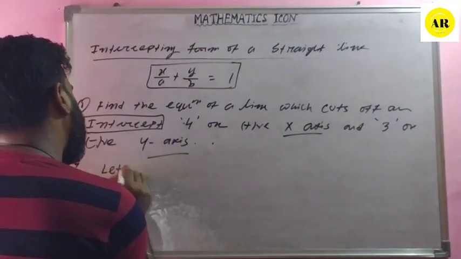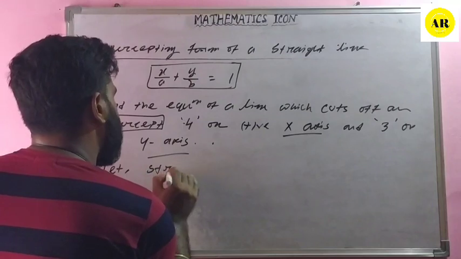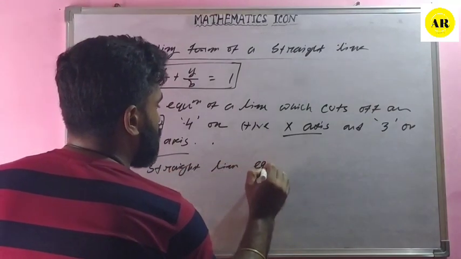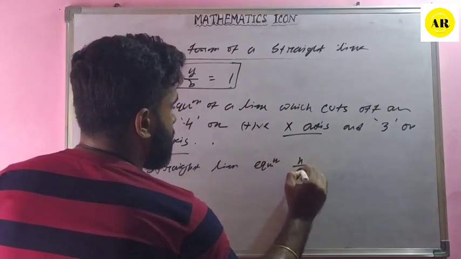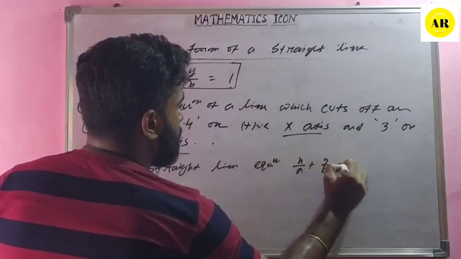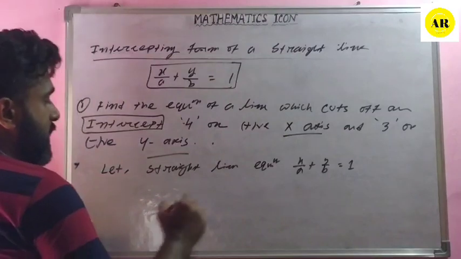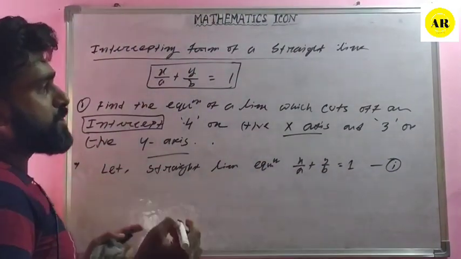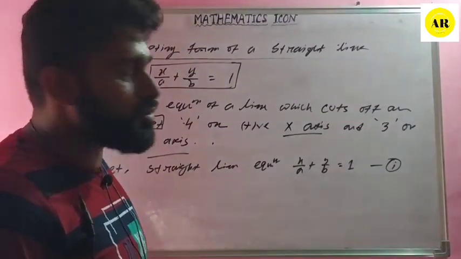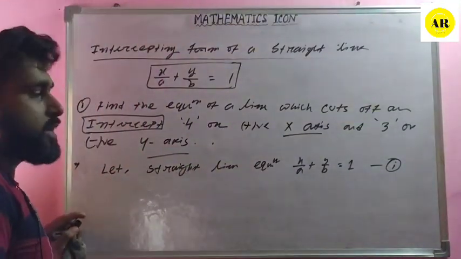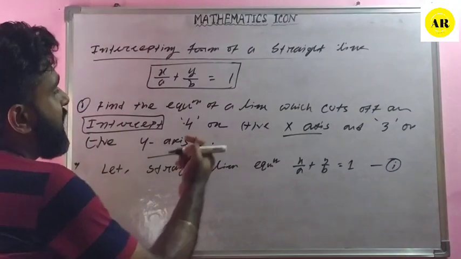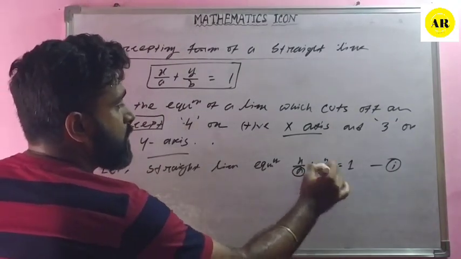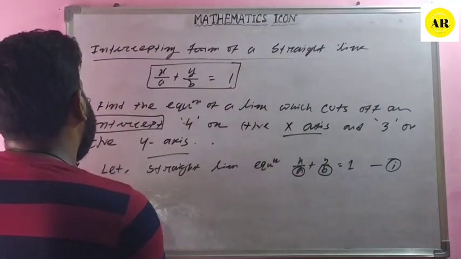Let us assume, let the straight line equation be x by a plus y by b equals to 1. Okay, it is the equation number 1. Now according to the question, whatever is given in the question should be placed here in place of a and b. A is what? X intercept. B is what? Y intercept.